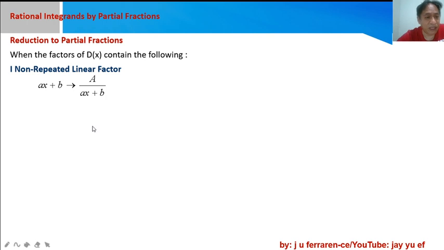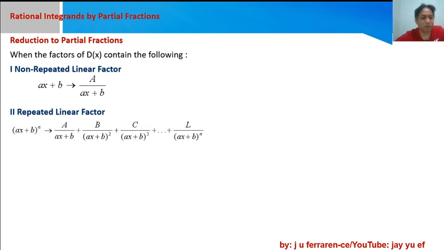When it is a repeated linear factor, say repeated n times, ax plus b raised to a power n, we can have partial fractions involving the term A over ax plus b. Then we can have another fraction, with another constant B.